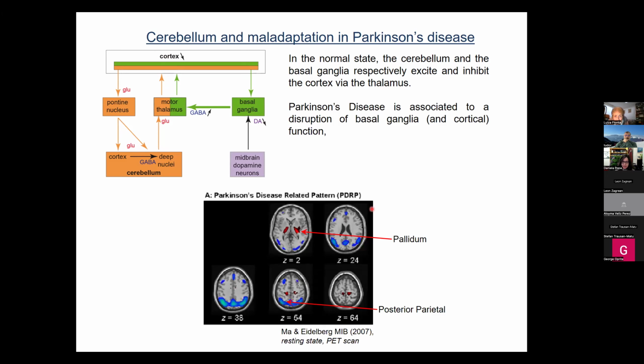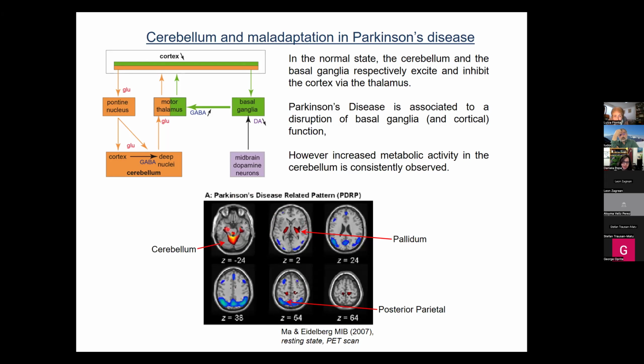So here it's a resting state image, and we can see here in red an increased activity in the pallidum, in the basal ganglia of a Parkinsonian person. And we also know that we have a disruption in the cortical function. And here we can also see in the posterior parietal a decreased activity in blue in this resting state in Parkinson's disease.